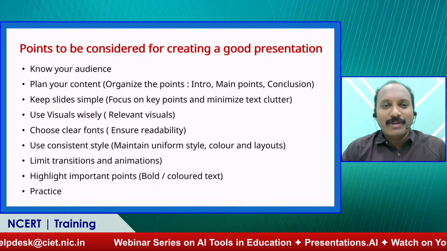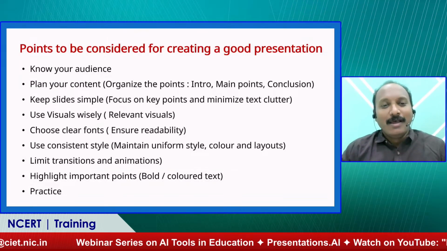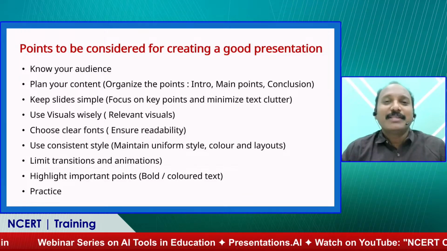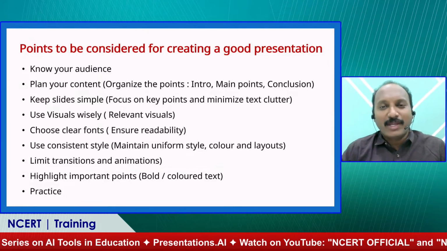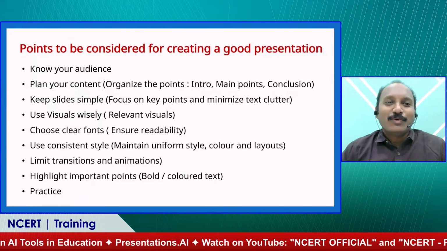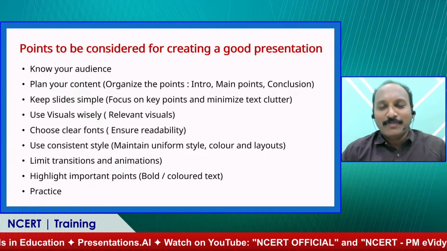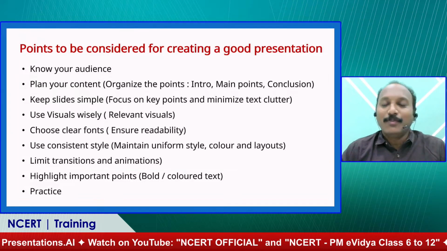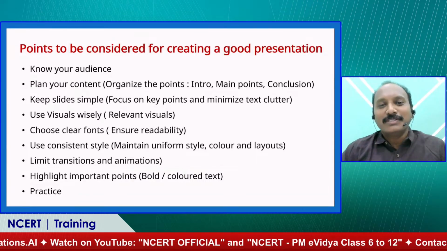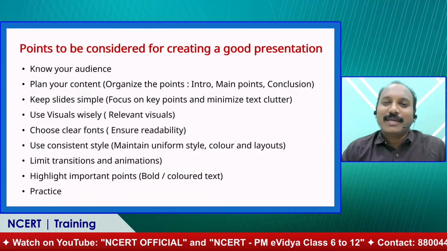These are very common, as is limiting the transition animations. We have to highlight the important points by making the fonts a different color, or by using a highlighter or bold. So other than the first and the last point, the remaining points, which are planning our content and highlighting important points, will all be taken care of.